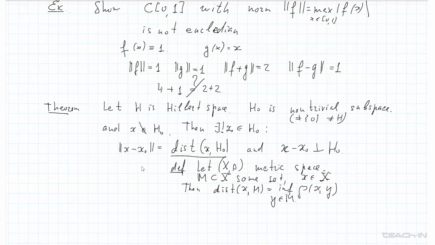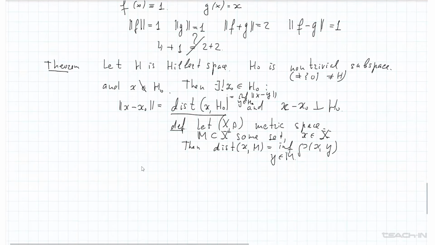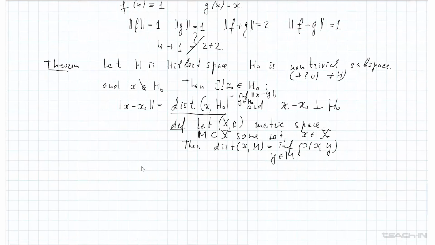So the distance is an infimum, here the infimum of the norm of x minus y, where y belongs to H0. So let's prove it. Is it a known theorem? For me, it is not.